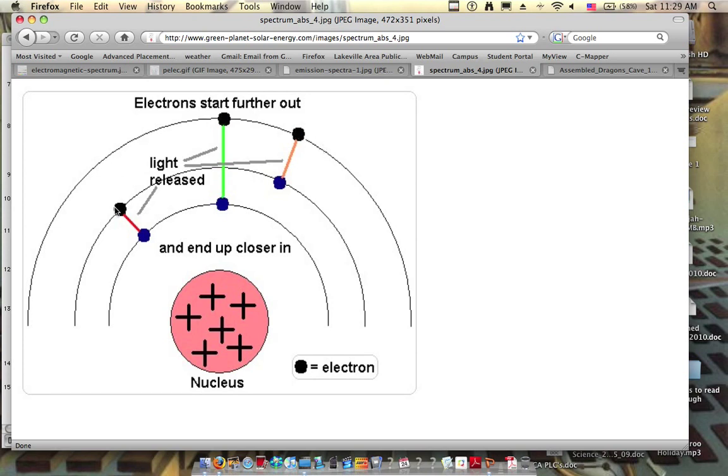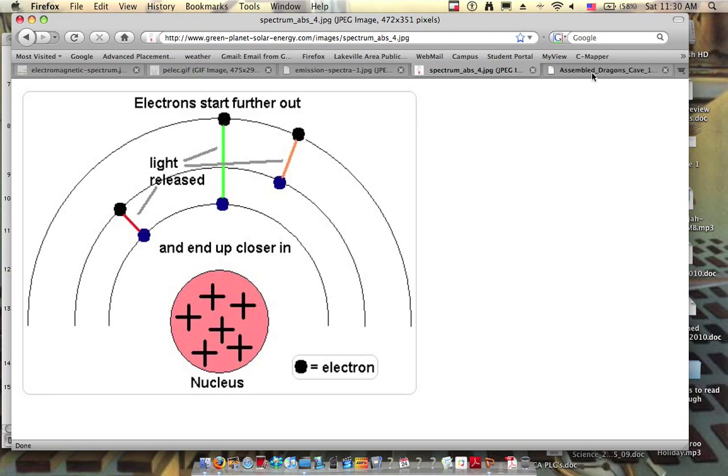When the electrons move from a higher orbital to a lower orbital, they release energy in the form of light. And depending on how many levels these electrons move, different types of light will be released, light or electromagnetic energy, whether it be red or yellow or green or blue, dependent on how far the electrons moved.